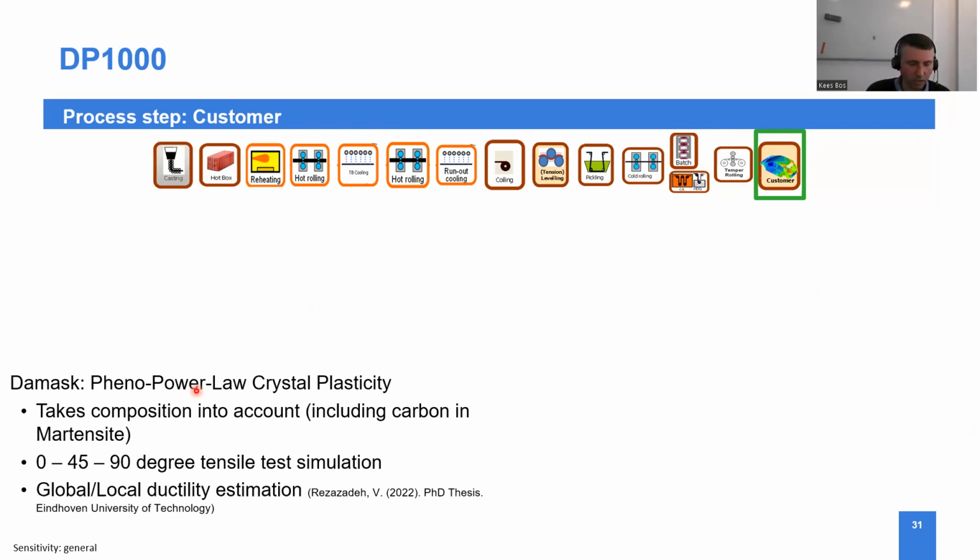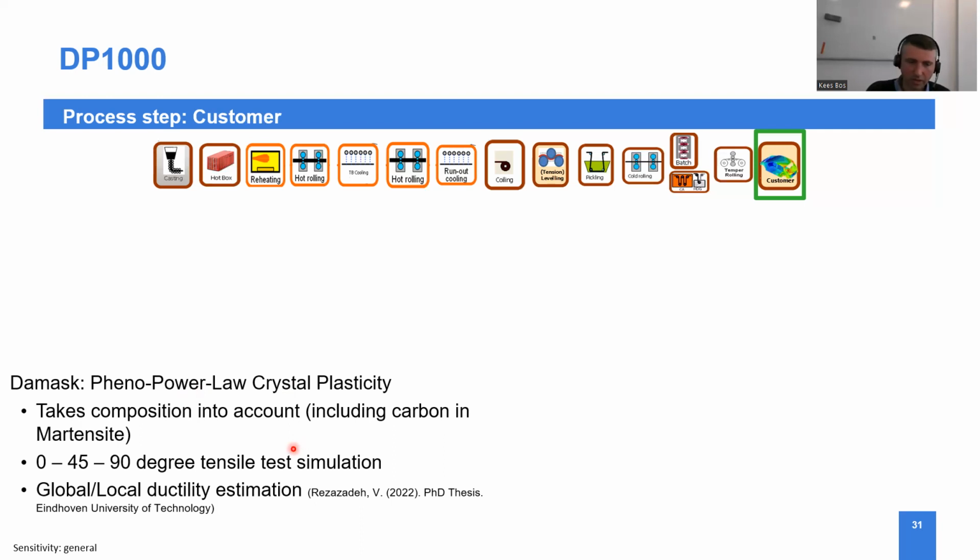The carbon in martensite should have a direct effect on the strength of martensite. And then typically what you want to do is a tensile test simulation in different directions so that you can really assess the anisotropy of your material.